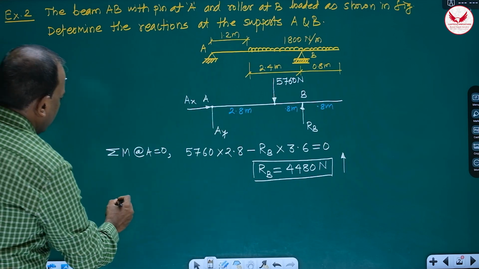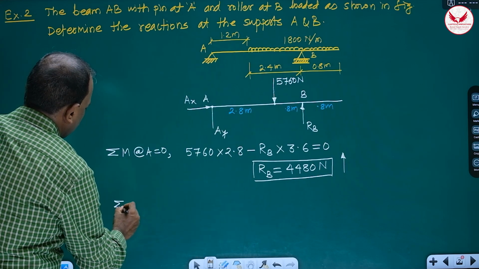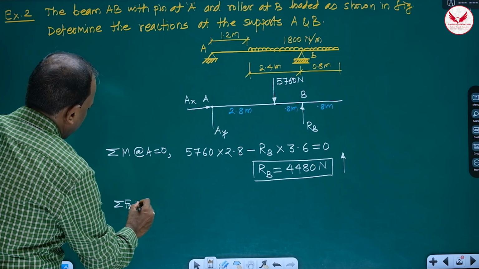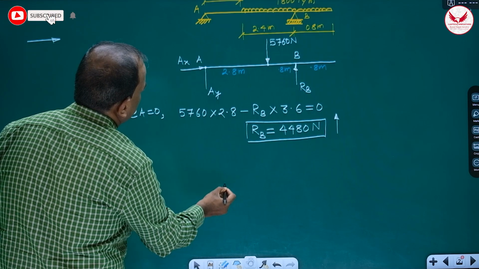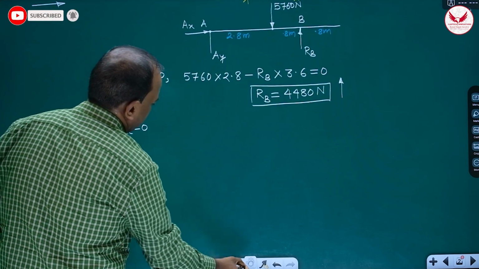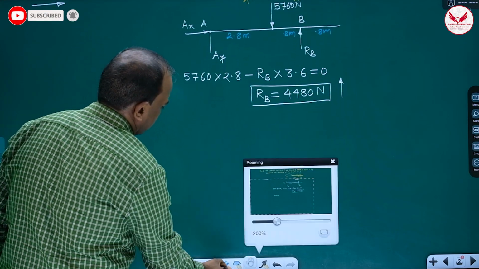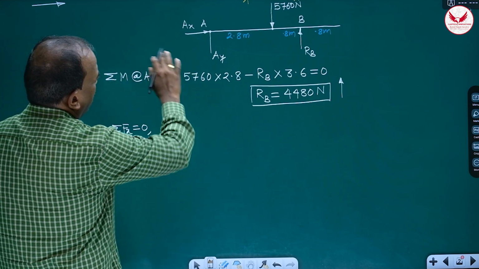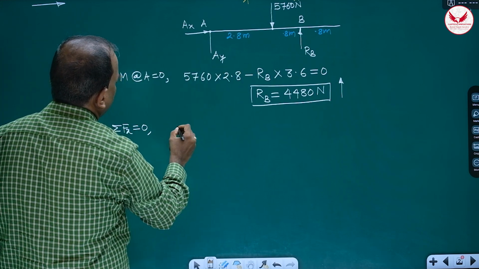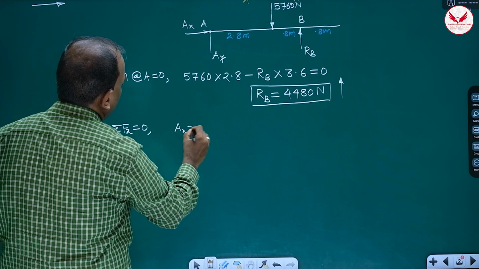Then summation Fx is equal to 0. Summation Fx is equal to 0 means what? In horizontal direction now only AX is equal to 0.